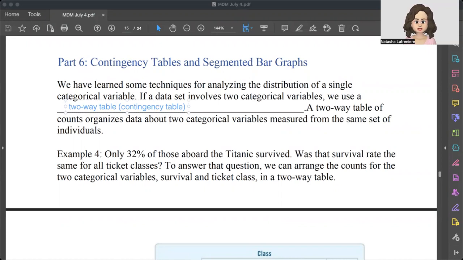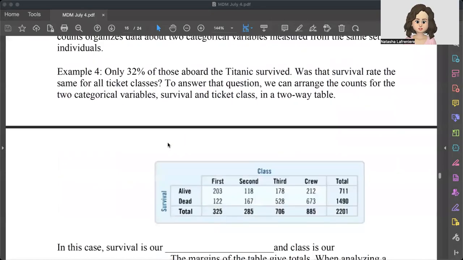Only 32% of those aboard the Titanic survived. Was the survival rate the same for all ticket classes? To answer that question, we can arrange the counts for the two variables, survival and ticket class, in a two-way table. I'm clearing that little bit and we can look down here.